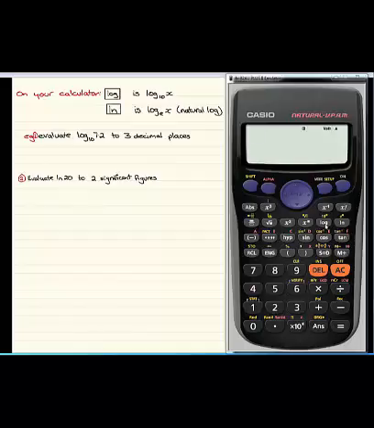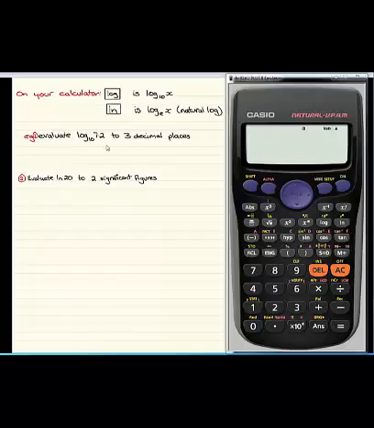That is log base 10, which is easy to remember because it has the 10 written above it. We've also got this one here, Ln. This is log base e, which has the e written above it, and that is called a natural log. Both of these can be very effective for problem solving, and you will have the opportunity to use both of them, but for the moment we're just looking at how to use them.